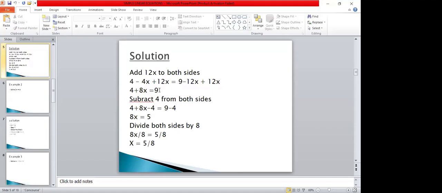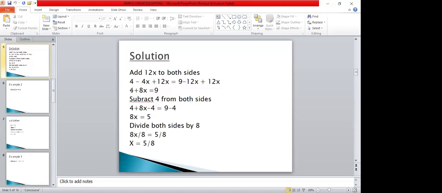If you look at it again, you will notice, look at my cursor, 4 and 8x are not like terms. Yes, sir. So we cannot add them together. So what we need to do is remove this 4. To remove this 4, you have to subtract, because the plus here is plus 4.